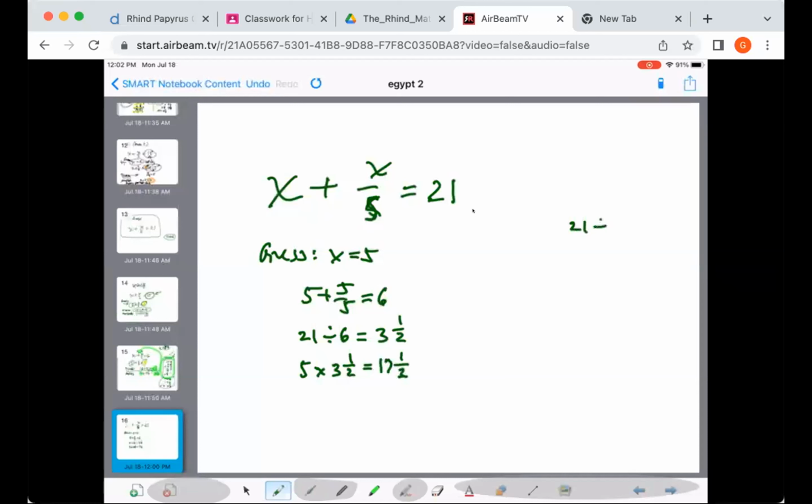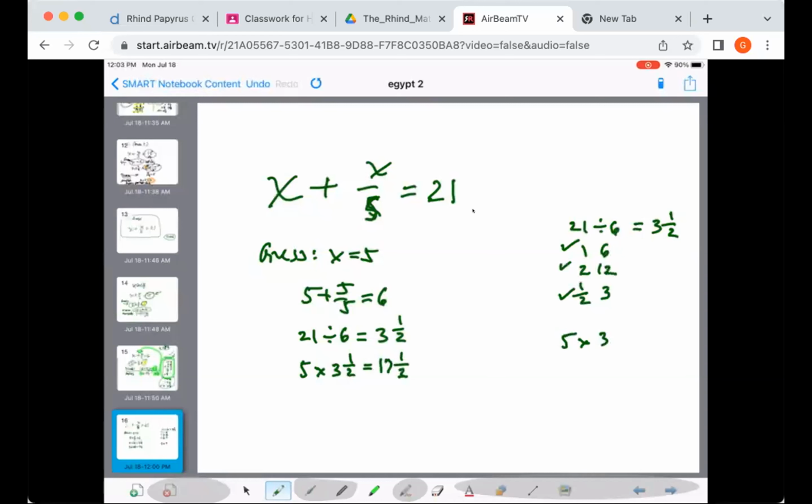You're going to go like this: 21 divided by 6. And now I'm going to go through, 1 times 6, 2 times 6 is 12, 3 times 6 is 18, or no, 4 times 6 is 24. Too big. Right, so stop there.